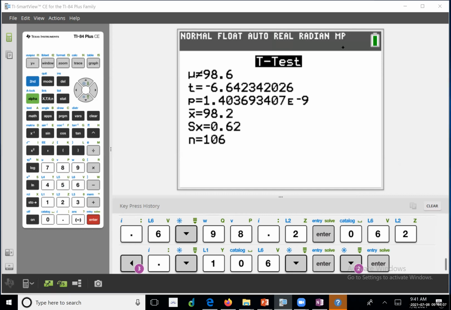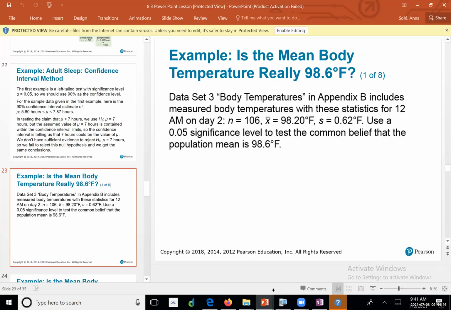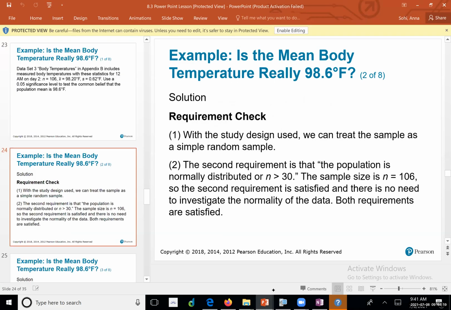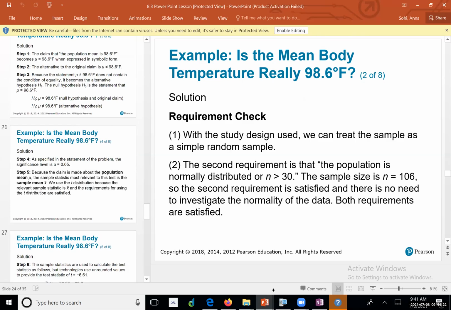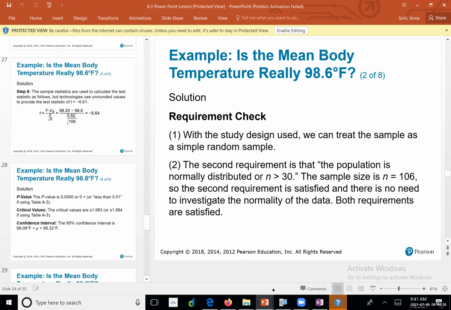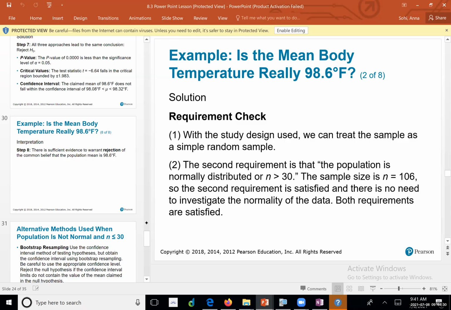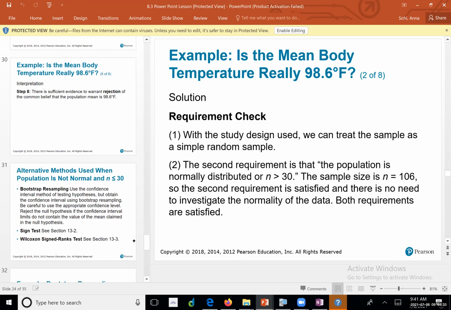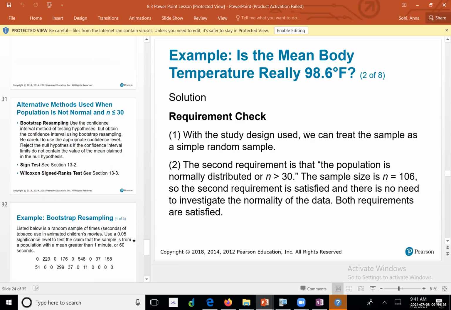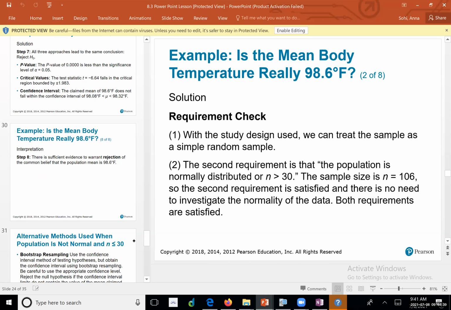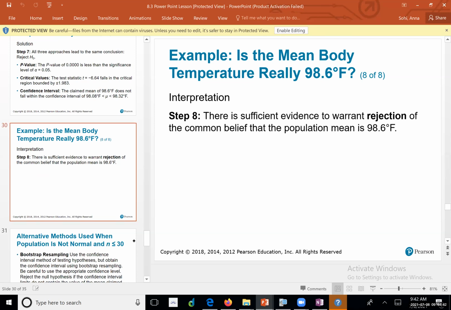So for the conclusion: there is sufficient evidence to warrant rejection of the common belief that the population mean is 98.6.